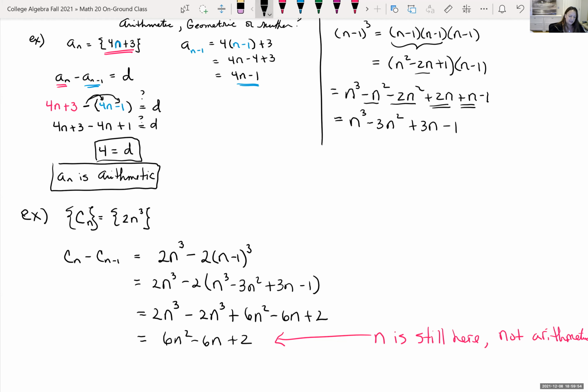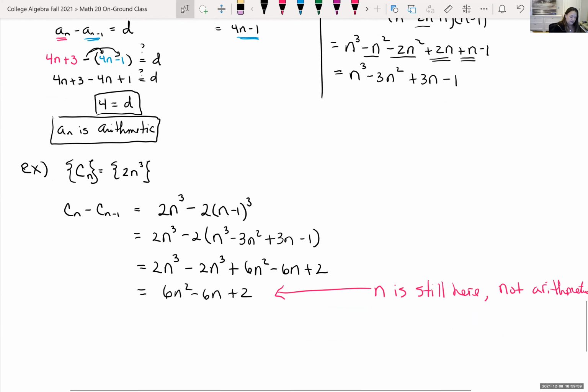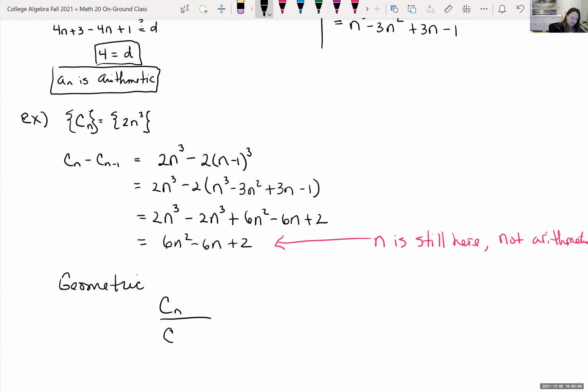Okay, so let's see if it's geometric. Geometric says, if I take the term c sub n and I divide it by the term right before it, c sub n minus 1, is this equal to a constant, some constant r?